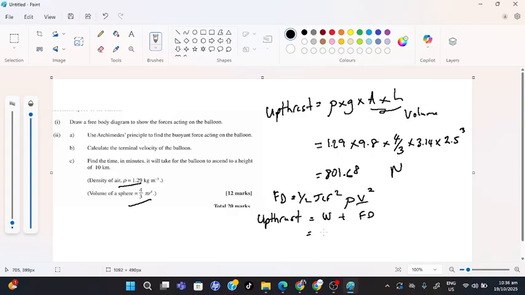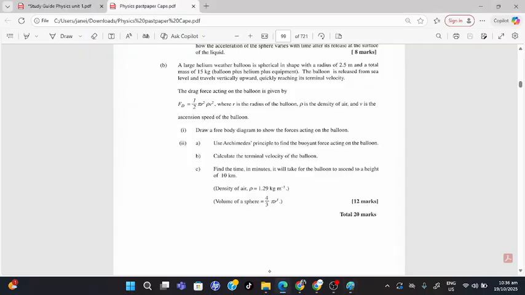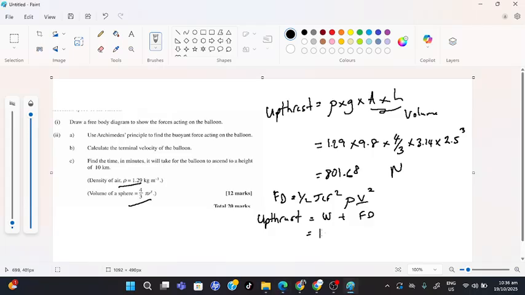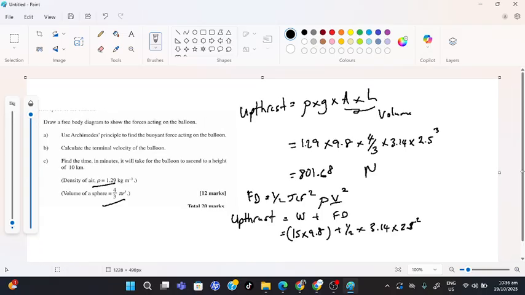So the weight is equal to mass, let me double check the mass. Mass is 15 kilograms, 15 times 1.8. Fd is equal to this equation at the top, so it's half times 3.14 times 2.5 squared times the density of 1.28 times the terminal velocity squared.